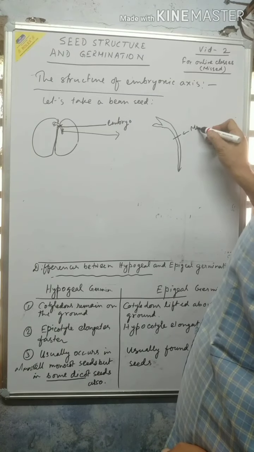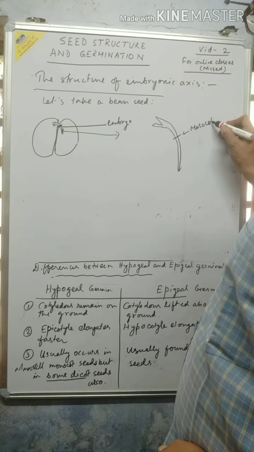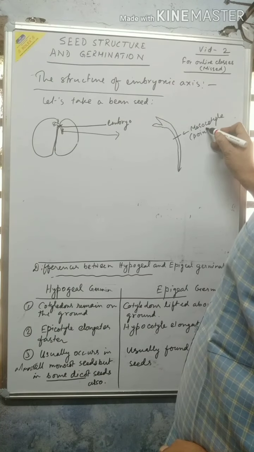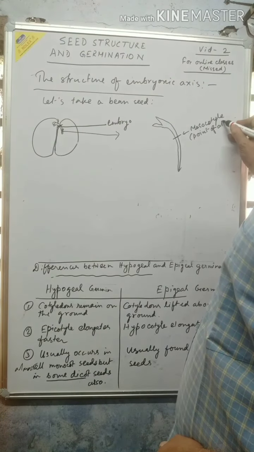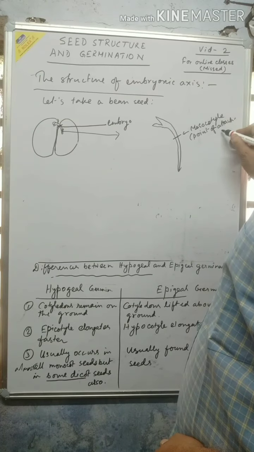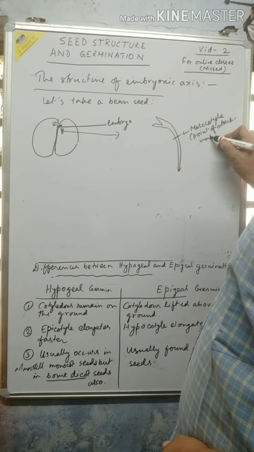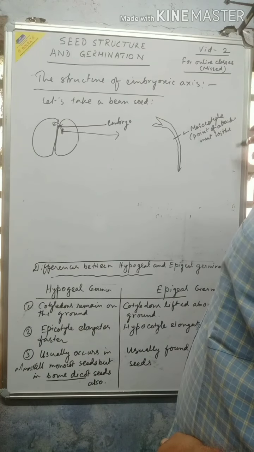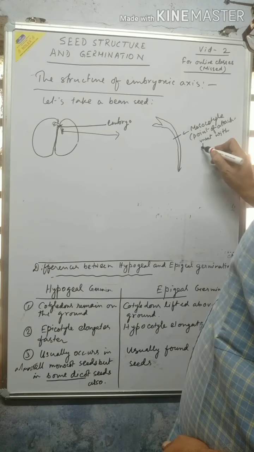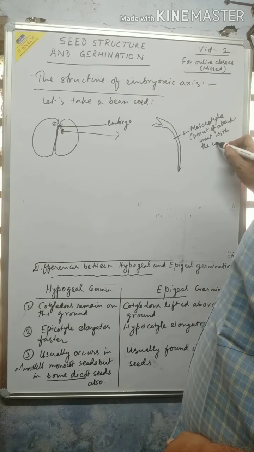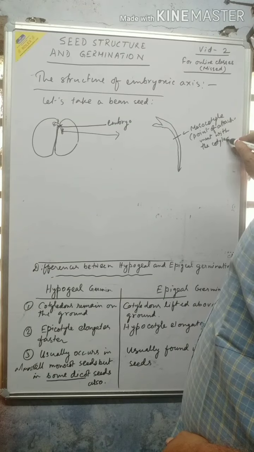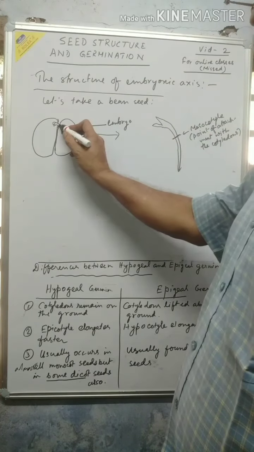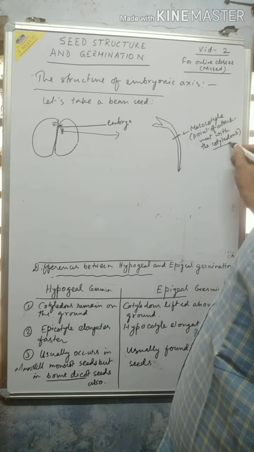This is called mesocotyle, the point of attachment with the cotyledons.